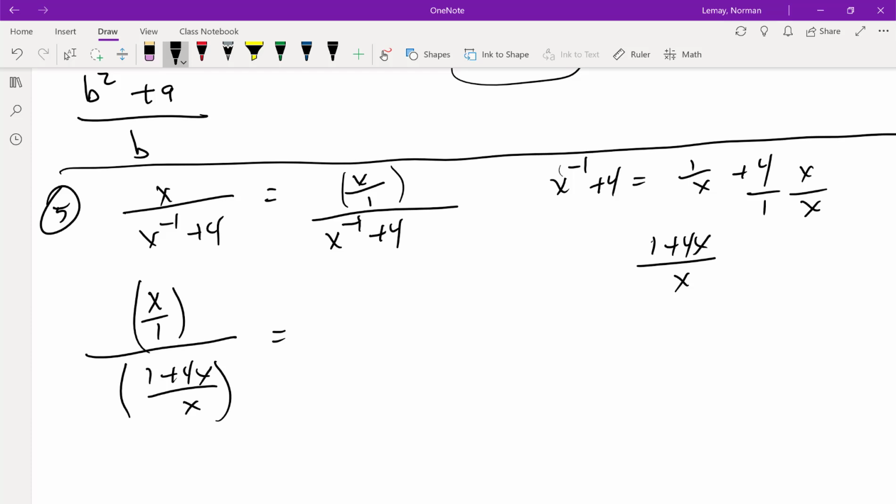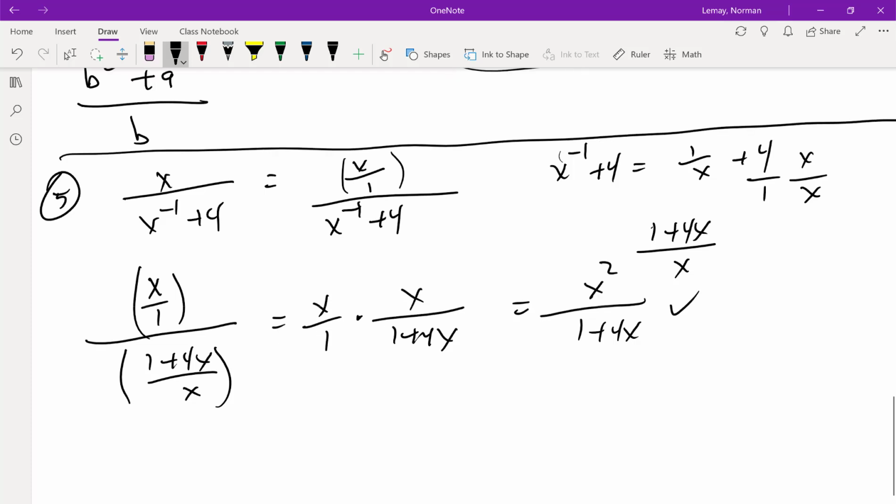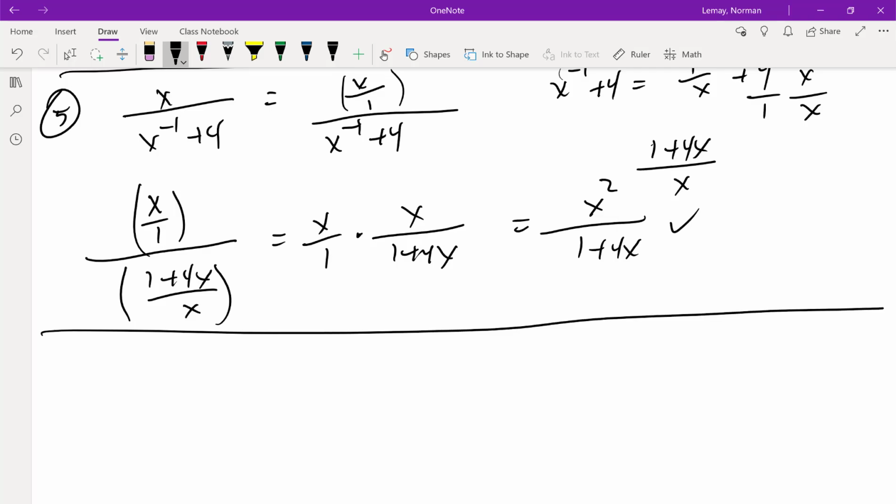And so now we have a fraction over a fraction. So I get x over 1 times x over 1 plus 4x. Okay. And notice that this just comes down to x squared over 1 plus 4x. And there is nothing really to factor on this one.